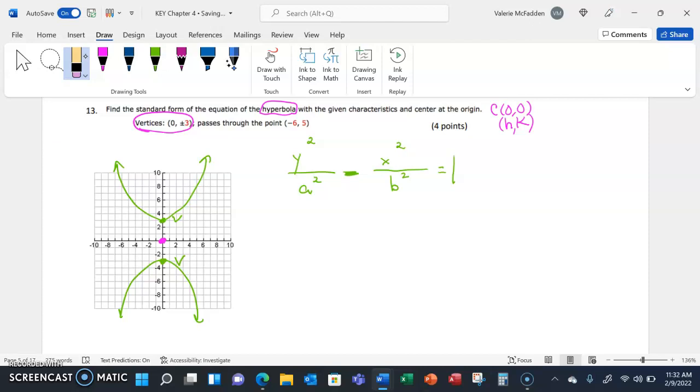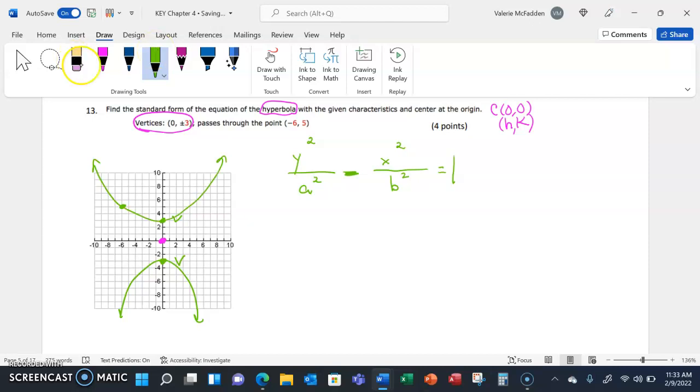Okay, so what else do we know? We know the hyperbola passes through the point -6, 5. So if I wanted to make it look a little more realistic, -6, 5 is right here. It should pass through that point. It should be a little bit wider. Should look like that.